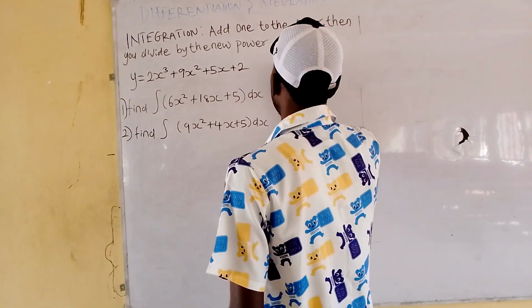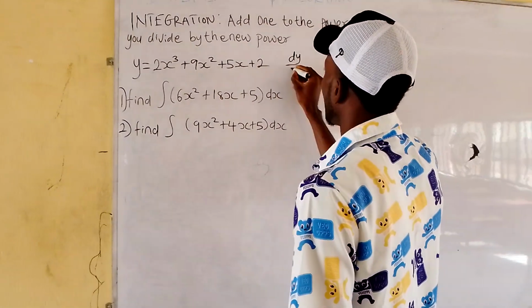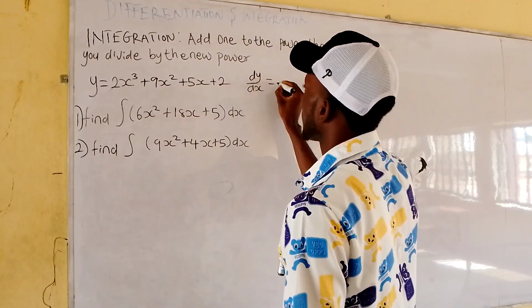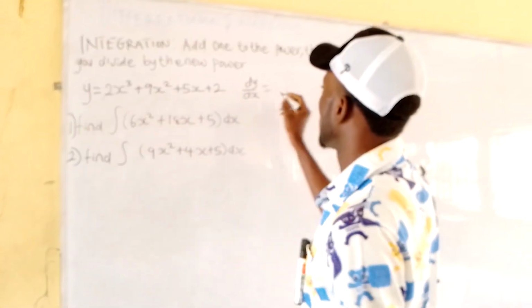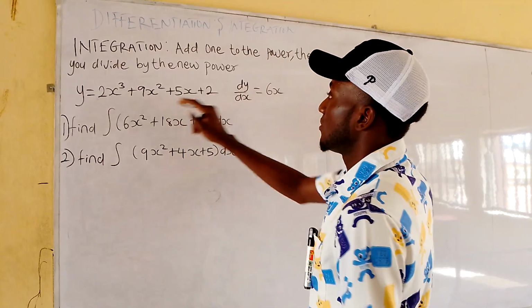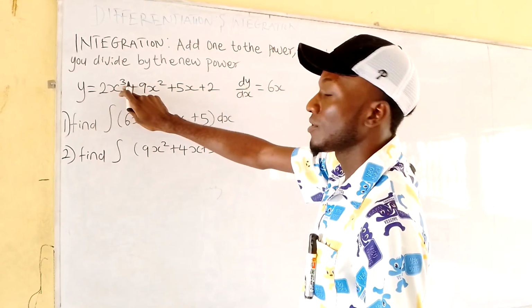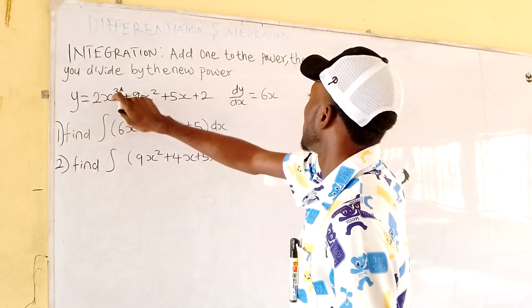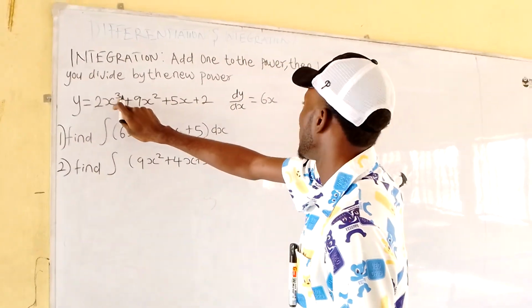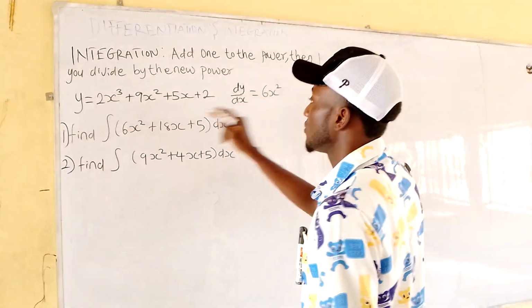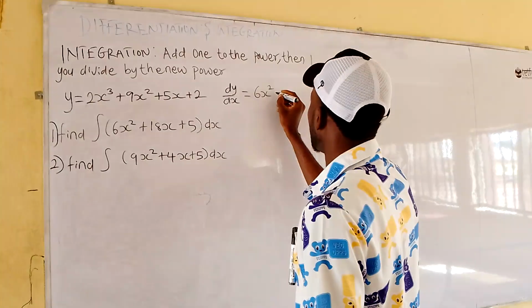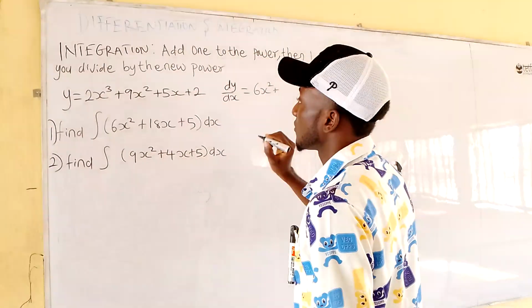So differentiating that, we have dy over dx will now be equal to 3 times 2, which is going to give us 6x. Taking 1 from the power after timesing, because remember I said times and take. After timesing, we take 1 from the power, so it's going to be raised to the power of 2, not 3 anymore, because 1 is already removed from the power.